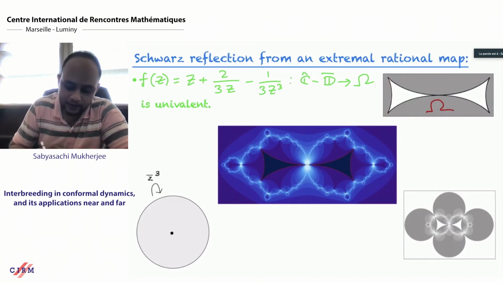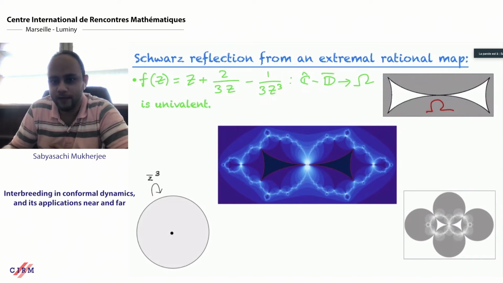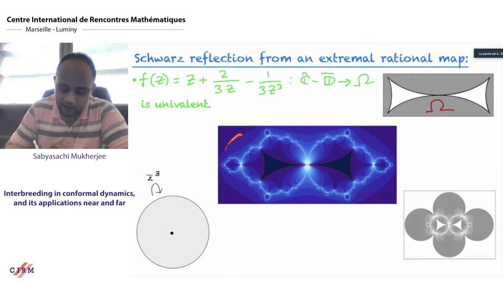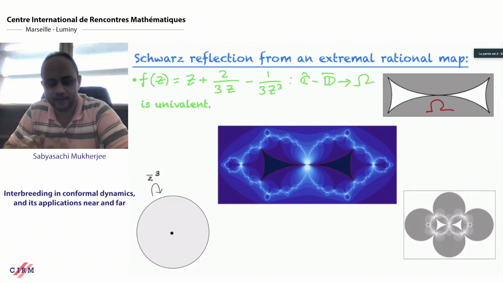Again, since this rational map is univalent on a round disk, its image, namely this gray region here, is a quadrature domain. So there is a Schwarz reflection map. And once again, if you try to draw the escaping and the non-escaping set of this particular Schwarz reflection map, this is the picture that you get. The dynamics on the non-escaping set is in fact conformally conjugate to the simple map z bar to the 3 in this case.